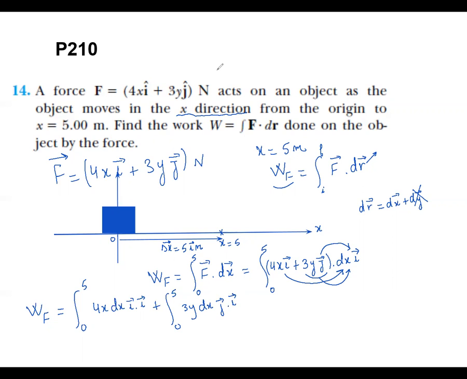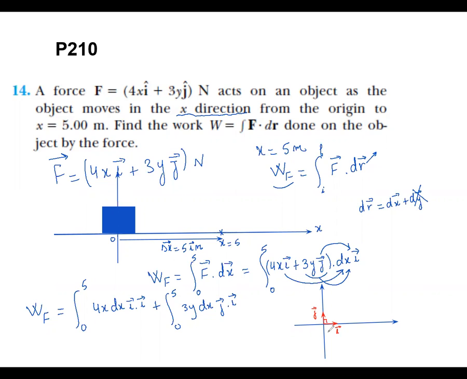In general, i is in the direction of the x-axis, and j in the y-axis. The angle between i and j equals 90.